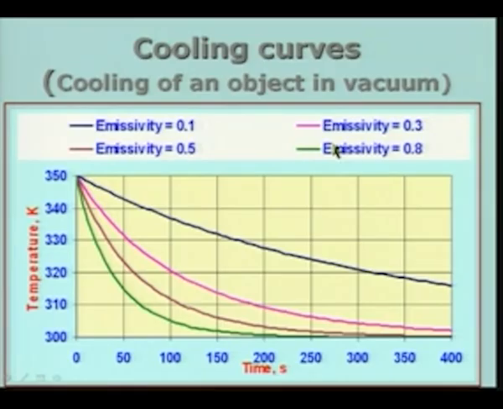All the other parameters, the mass, specific heat and the surface area, are held fixed, and therefore only emissivity is going to change the cooling curve. You can see the cooling curves for epsilon equal to 0.1, 0.3, 0.5 and 0.8. The cooling is more and more rapid as the emissivity becomes larger and larger.